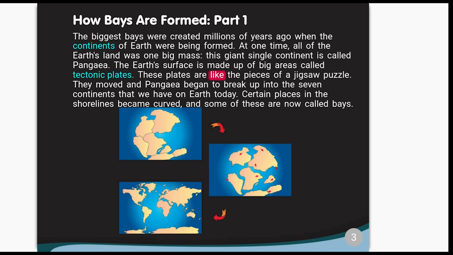These plates are like the pieces of a jigsaw puzzle. They moved, and Pangaea began to break up into the 7 continents that we have on Earth today. Certain places in the shorelines became curved, and some of these are now called bays.